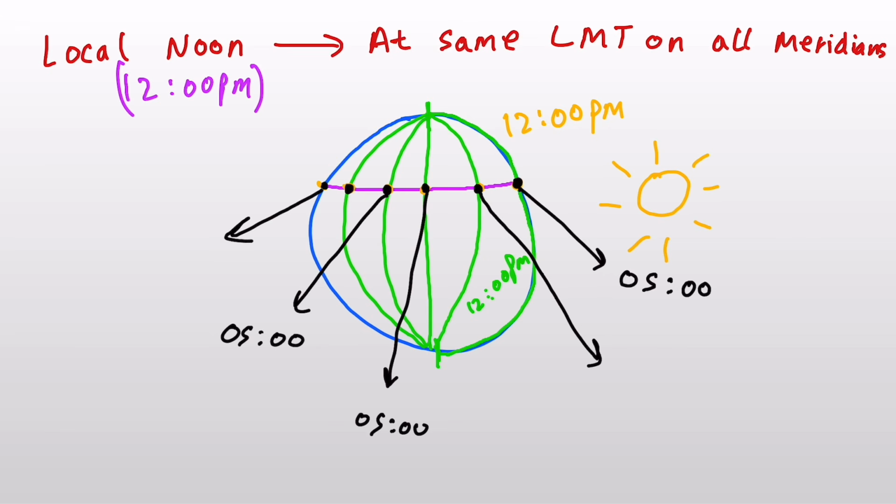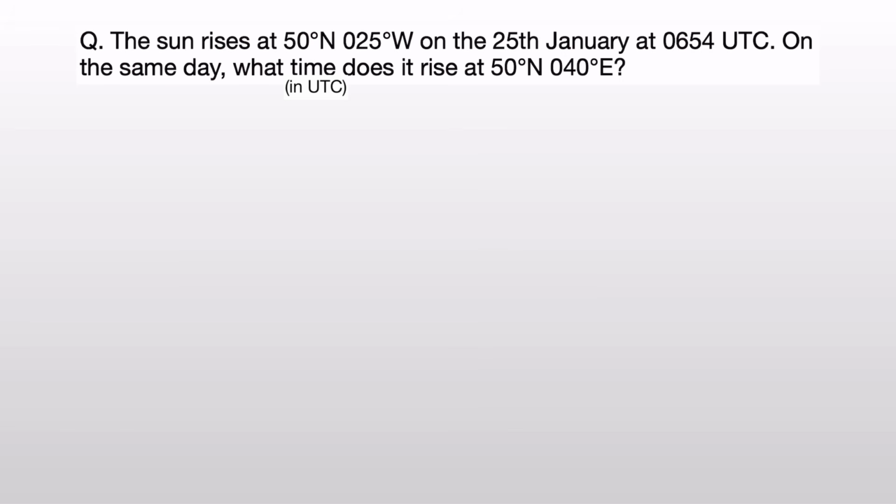Now I'll use this concept to solve another type of question which you can get in the exam, which asks you to find the sunrise or the sunset time. So the question says that the sun rises at this coordinate at 6:54 UTC on 25th. On the same day, what time does it rise at this coordinate?